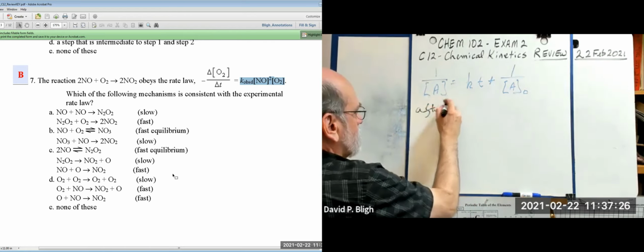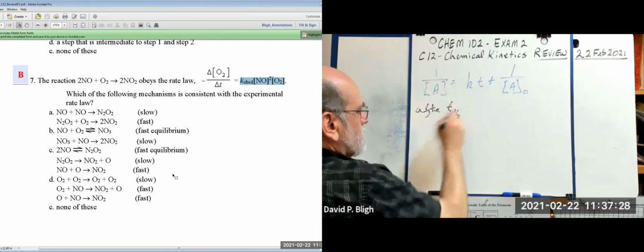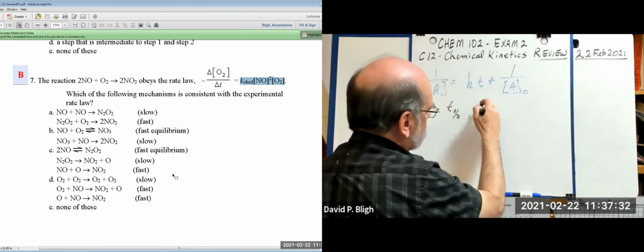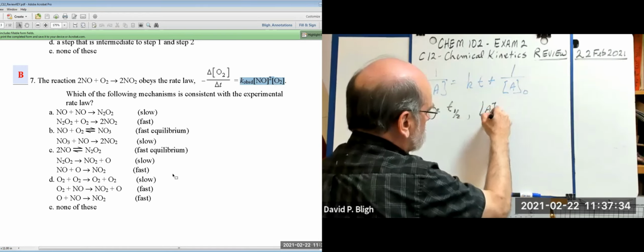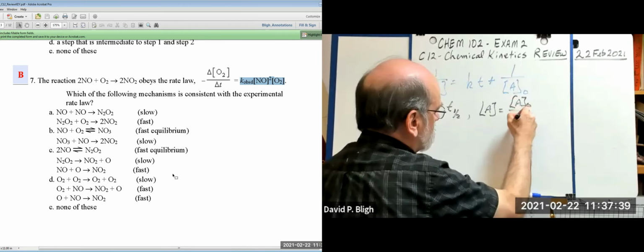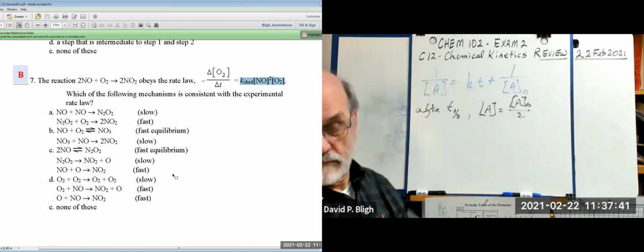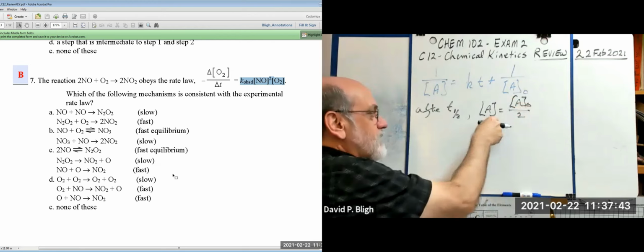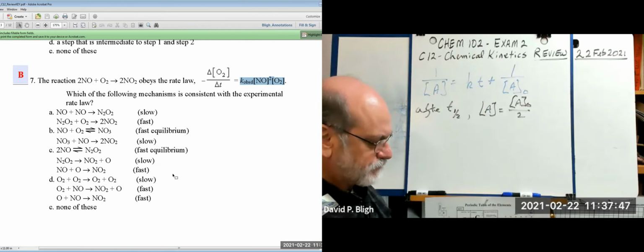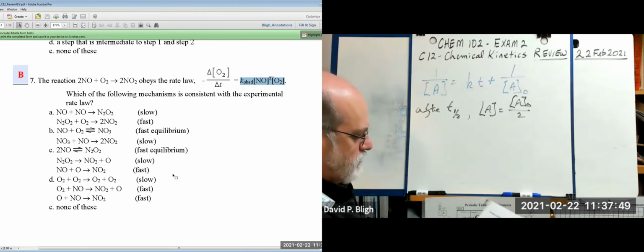After that amount of time, then this one is equal to half of that one. Right? That's your beginning. So after this amount of time, it's equal to half of that.